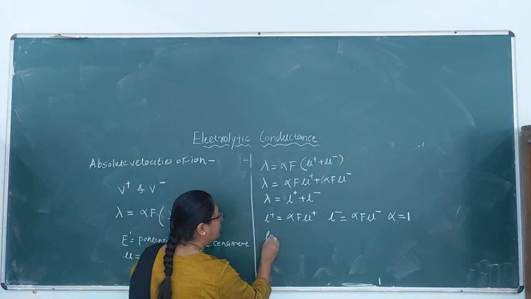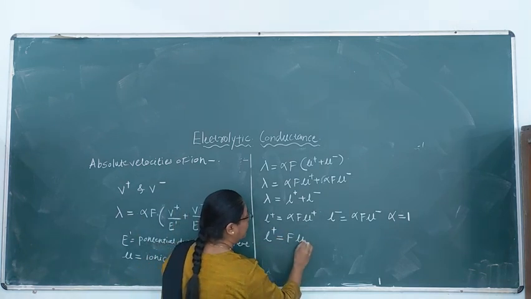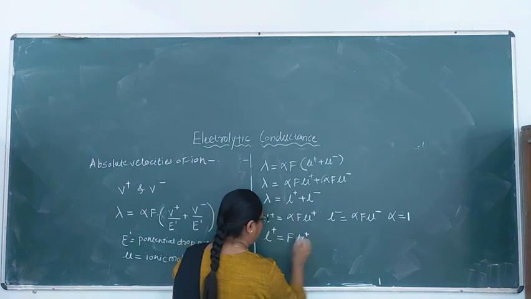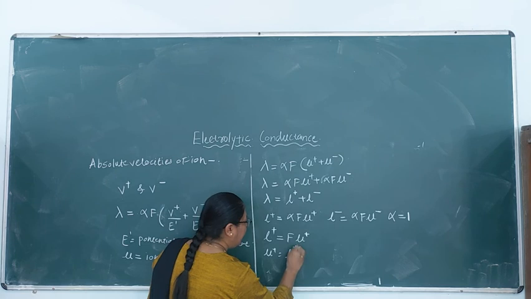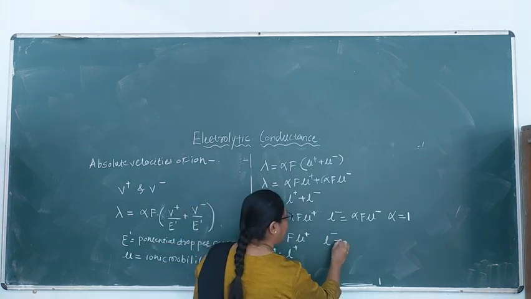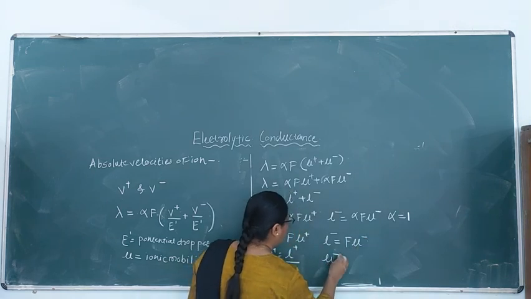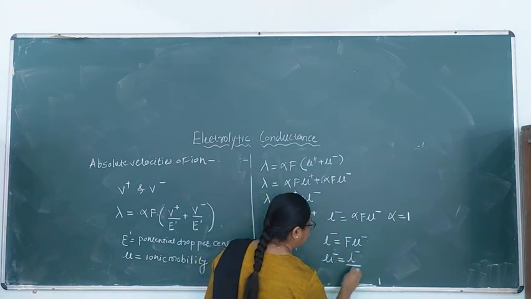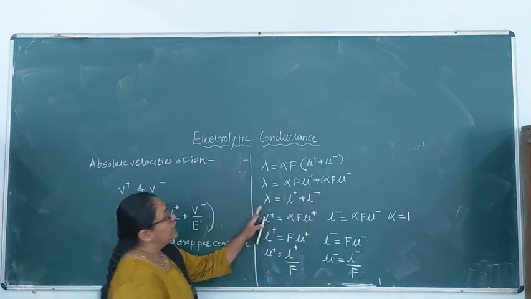Therefore, what will this relation become? L plus is equal to F into mu plus, or mu plus is equal to L plus divided by F. Similarly, L minus is equal to F into mu minus. Therefore, mu minus is equal to L minus divided by F. These are the relations.